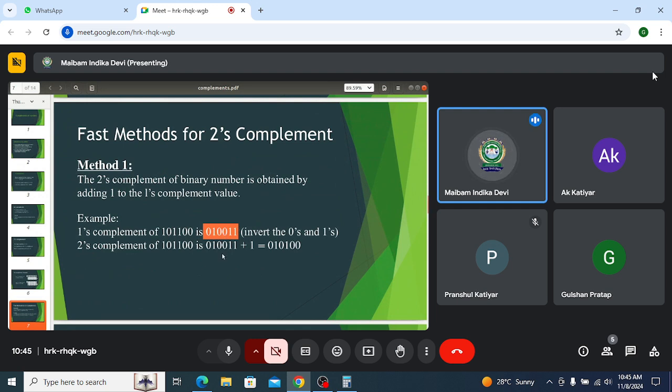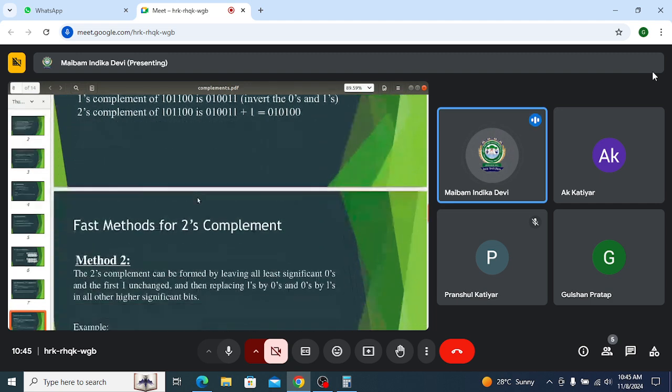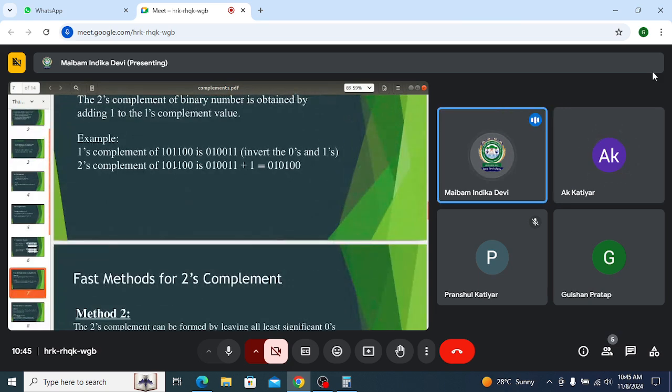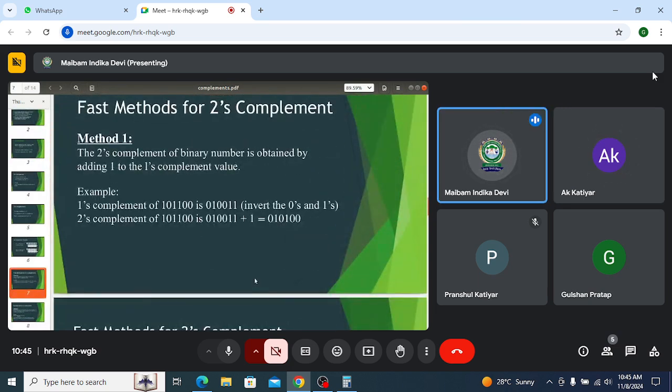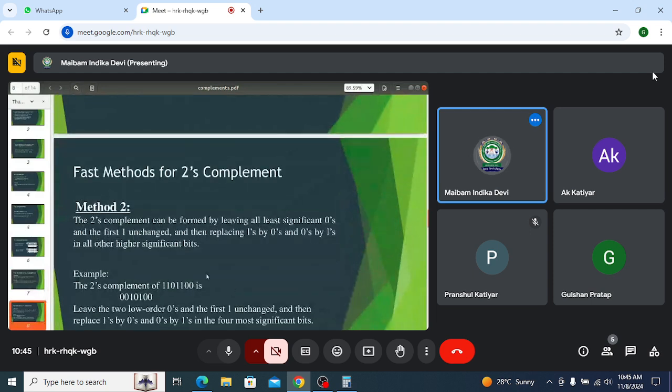Then whatever result you get is the two's complement. Clear? So you can find it using this method or the previous method, the 2 to the power n minus n formula. One's complement we will be discussing right now.